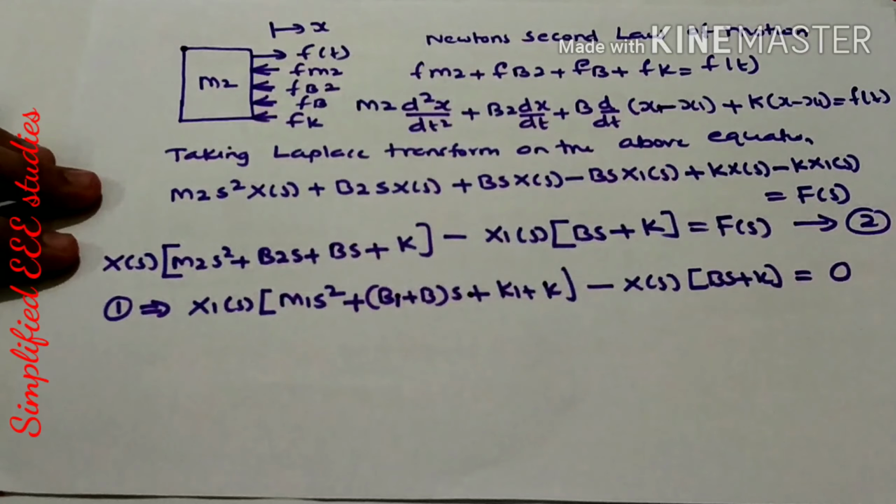Actually, what is our required output? Our required output is x of s upon f of s. You need to write all the terms in terms of x of s. Then only you are able to get that particular output, x of s divided by f of s.